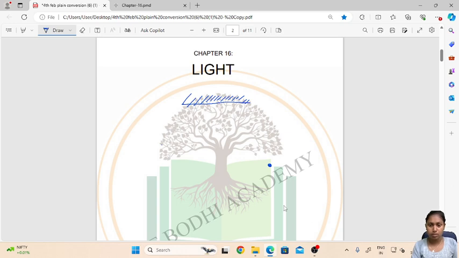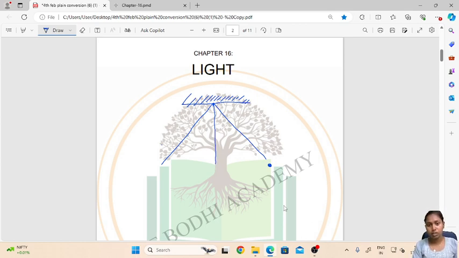When this ray of light touches the reflecting part of the mirror, it reflects the light. This is the point where the light meets the reflecting surface of the mirror.